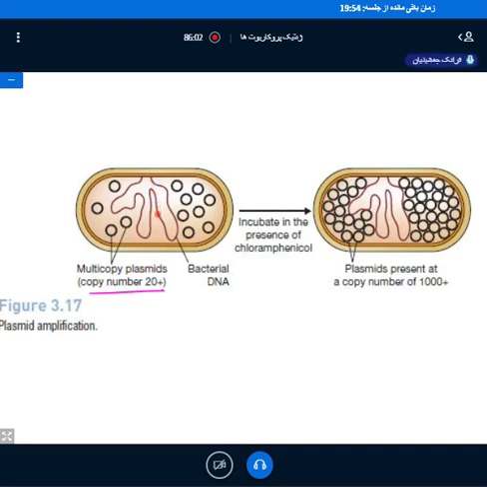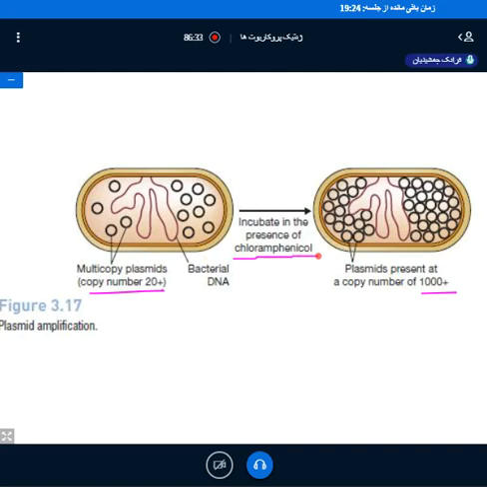If we want to extract the plasmids, it's better to increase the plasmids. Look here in the picture, we increase the plasmids to more than 1,000. How can we increase the plasmids? Listen to me. If we add some chloramphenicol. What is chloramphenicol?